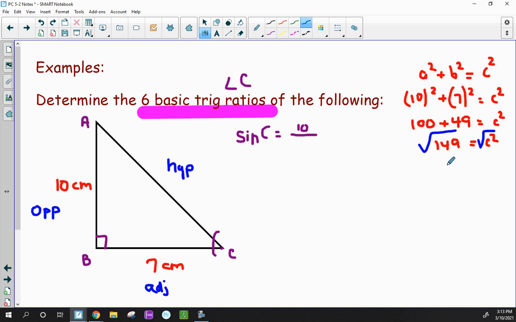And then using your knowledge of radicals, we did do this in pre-cal this year. It is an Algebra 2 concept, but we did it at the beginning of the year because of the gaps from last year's learning. 149 is not a perfect square. There's no whole number times itself that will equal that. So what you'll have to do is try to find the biggest perfect square that divides into it.